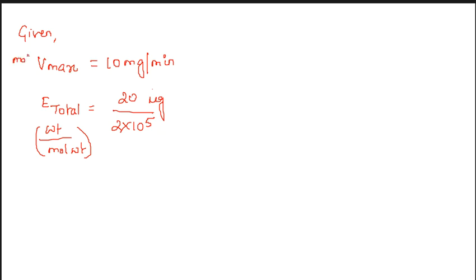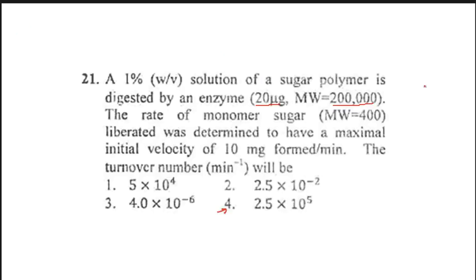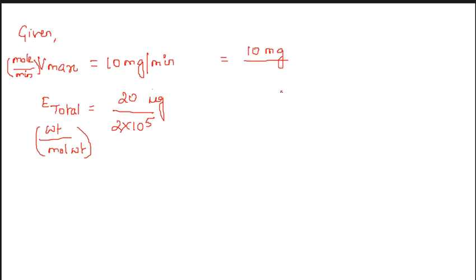Mole per minute. And how do we write mole? As 10 milligram by molecular weight. So molecular weight here given is 400.